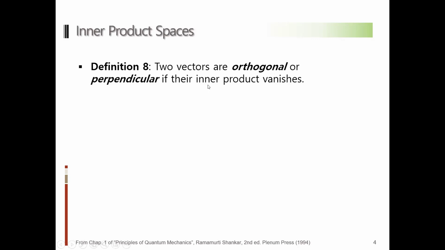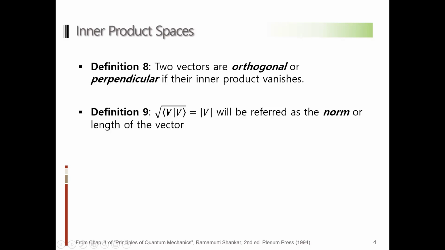If we extend our concept of orthogonality in the three-dimensional vector space, then we know that two orthogonal vectors should have a zero inner product. So whenever the inner product of two vectors vanishes, we call those two vectors orthogonal or perpendicular to each other.